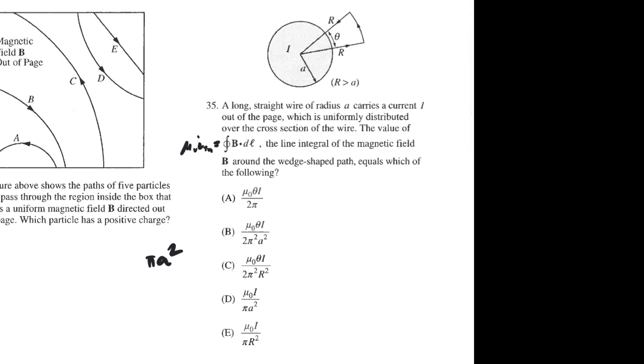No. Sorry, my brain's just shut down real quick. This is the area of the whole wire. We want the percentage of the area related to the sector. The percentage of that area would it just be theta a squared divided by pi a squared? Would that be the ratio? 2 pi a squared. No, just pi a squared. Why can't I reason this out in front of you?